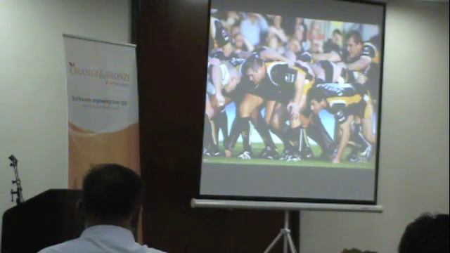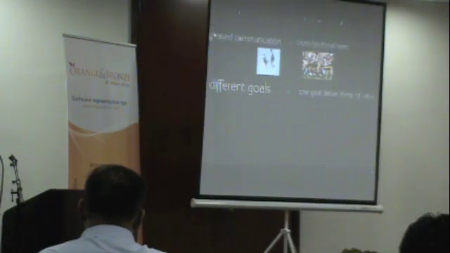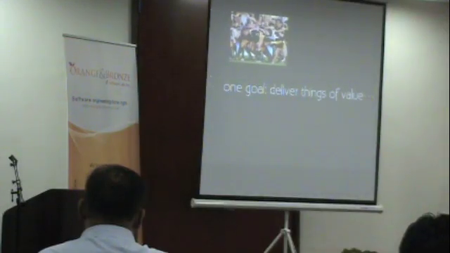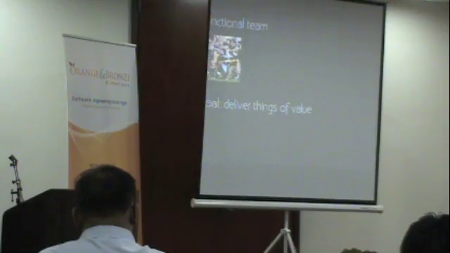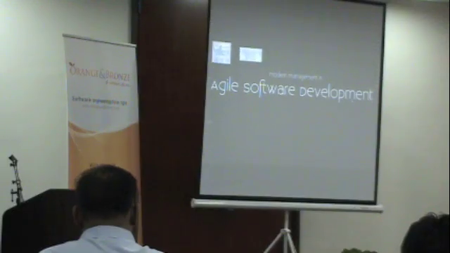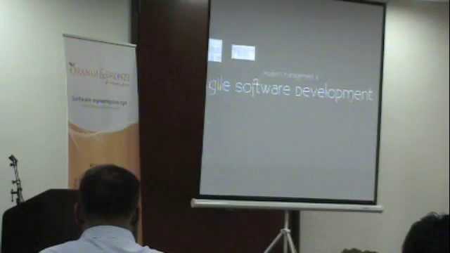So they want the ball in the other end of the field, and they do it as one team instead of handing it off. And they have one goal, which is to deliver things of value, not to test, not to write a lot of documentation. No, everyone works with one goal.